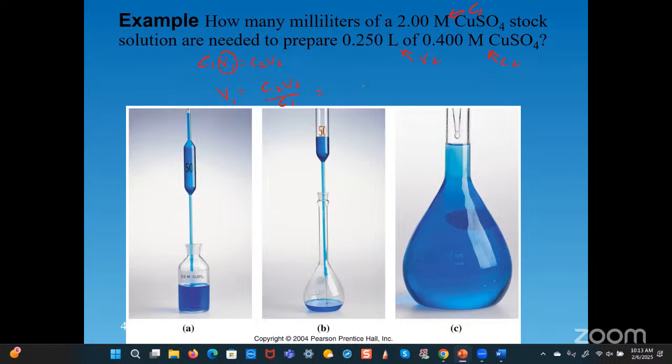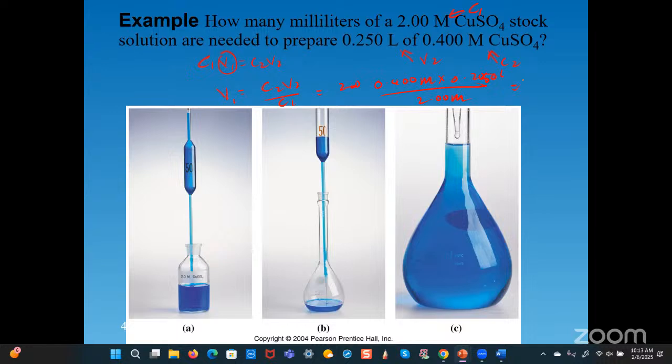Then all we have to do is plug the numbers in: 0.400 M times 0.250 liters divided by 2.00 M, and that would give the answer.